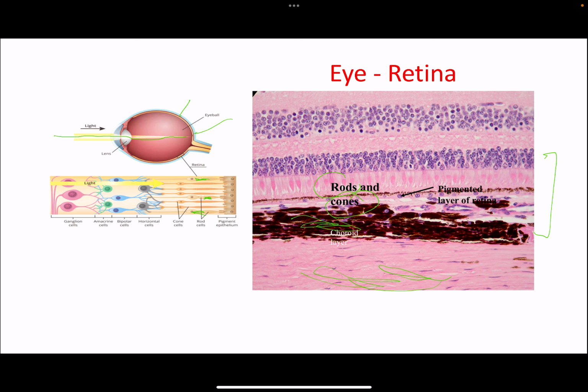Those are the times these cells work. Then cone cells are for color vision, bright light. These are the photoreceptors.